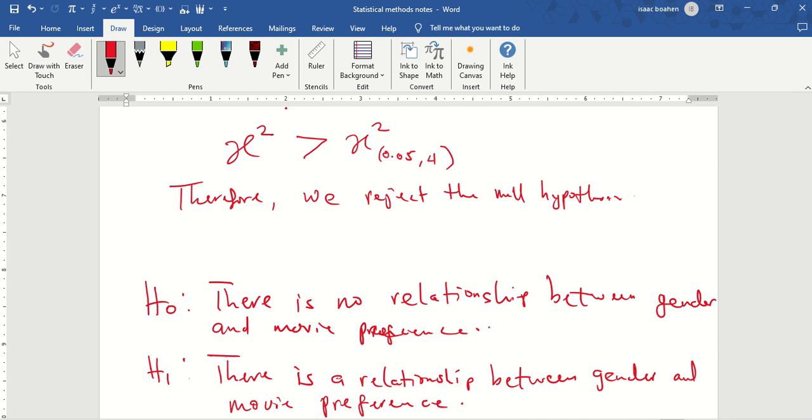If you reject the null hypothesis, then what does it mean? It means that there is a relationship. Remember, the null hypothesis is saying that there is no relationship, but we have rejected it.